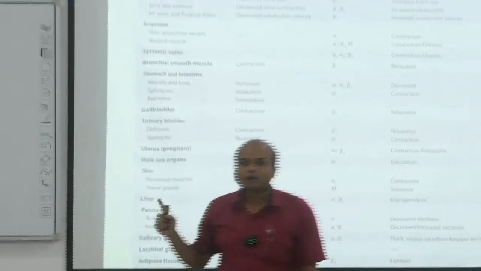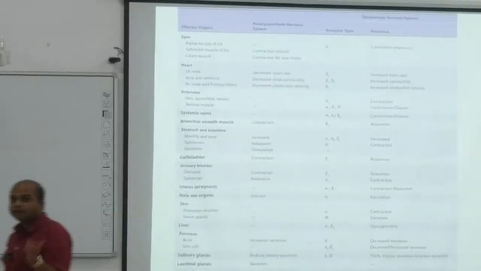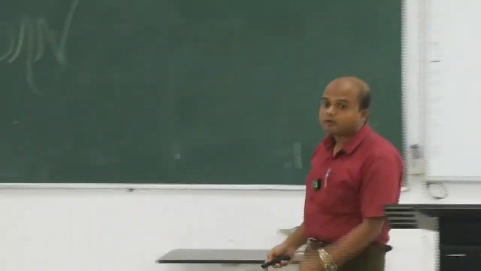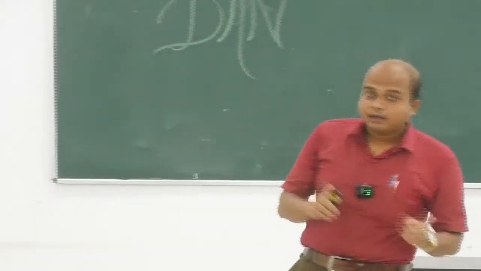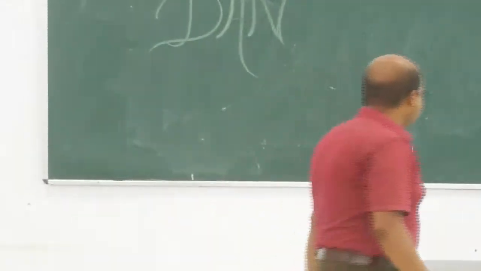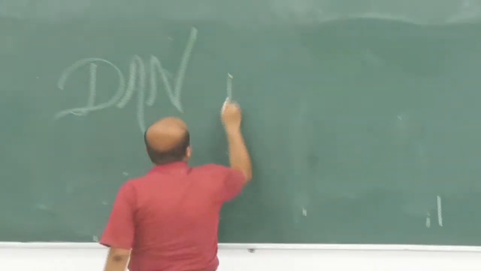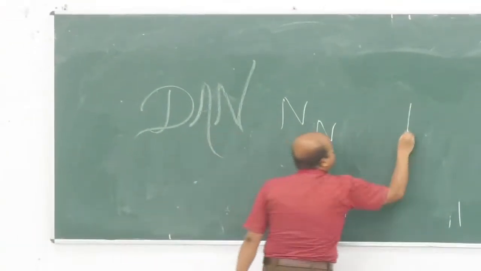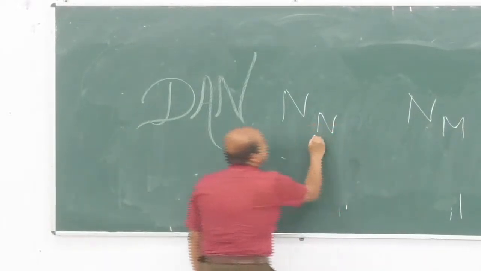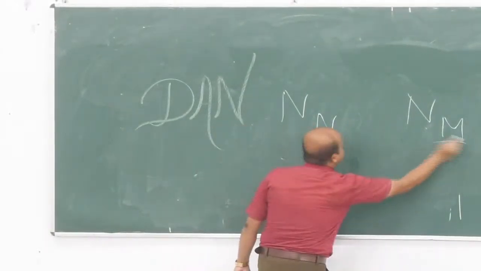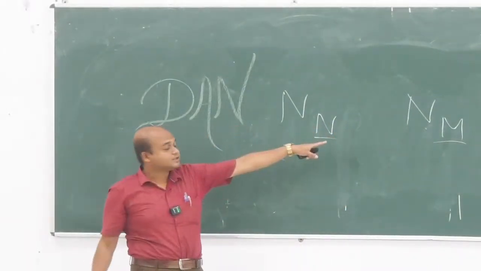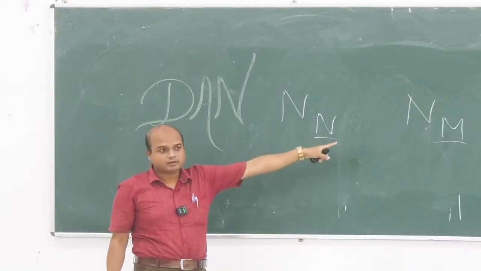So receptor types again: alpha 1, alpha 2, beta 1, beta 2, beta 3 for adrenergic, nicotinic and muscarinic for cholinergic. Inside nicotinic, there are subtypes of nicotinic. See a subscript after N and a subscript, both are nicotinic.